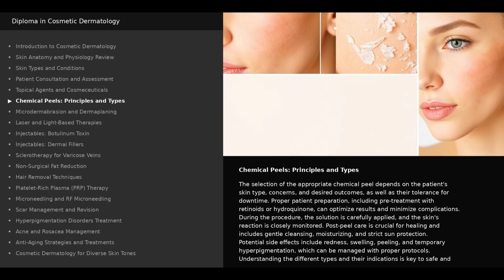Post-peel care is crucial for healing and includes gentle cleansing, moisturizing, and strict sun protection. Potential side effects include redness, swelling, peeling, and temporary hyperpigmentation, which can be managed with proper protocols. Understanding the different types and their indications is key to safe and effective practice.